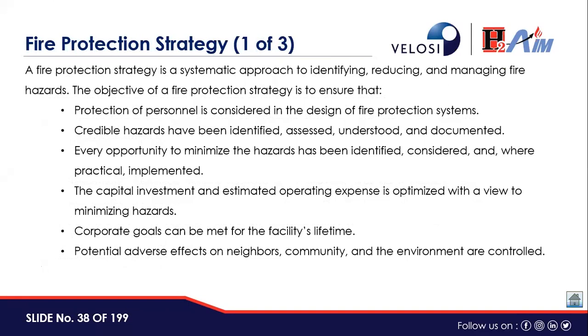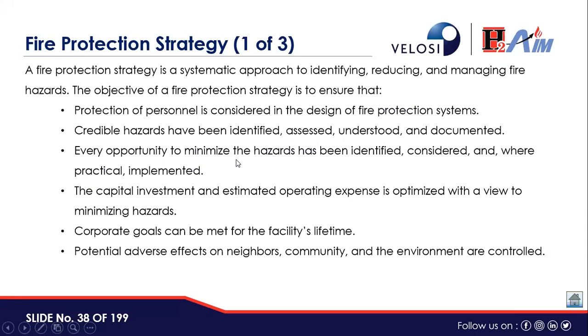Now, from a strategy point of view, as I explained earlier, there are the five layers of protection: prevention, detection, control, mitigation, and emergency response plan. The same concept, like protection of personnel, is considered in the design of the protection system. Credible hazards have been identified, assessed, understood, and documented.